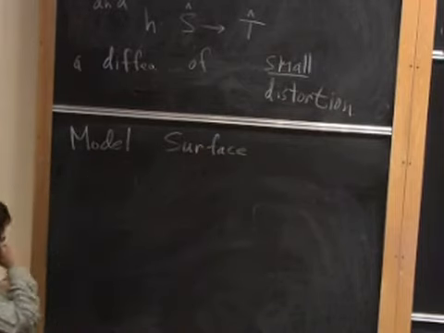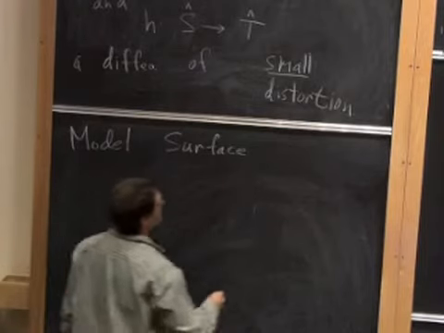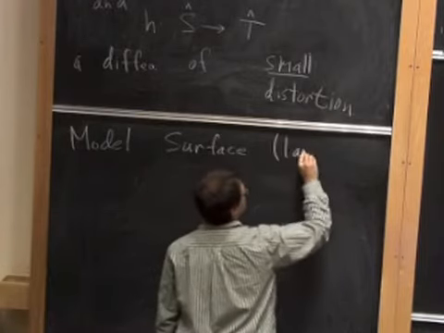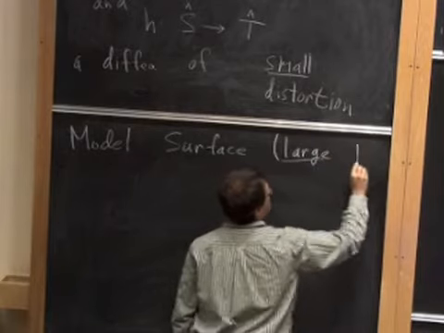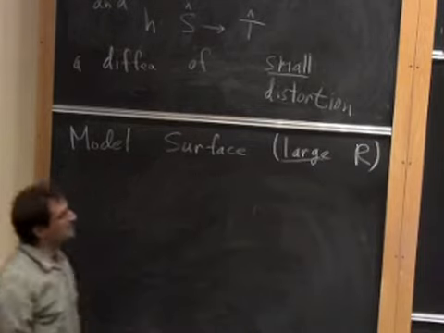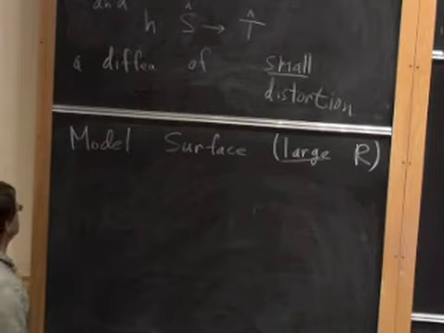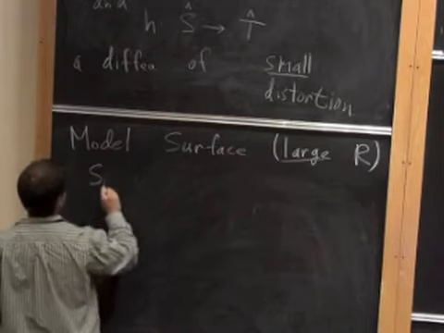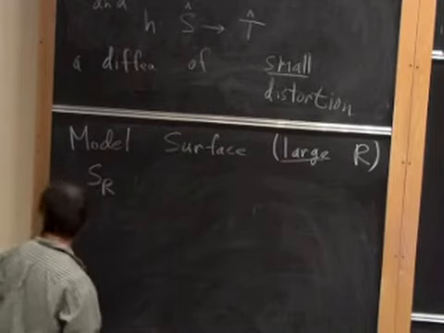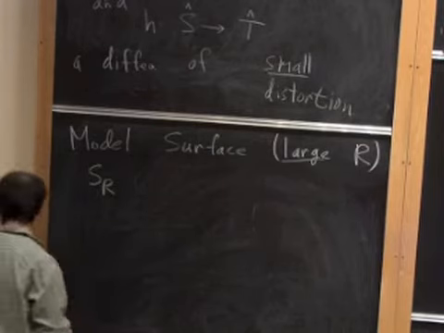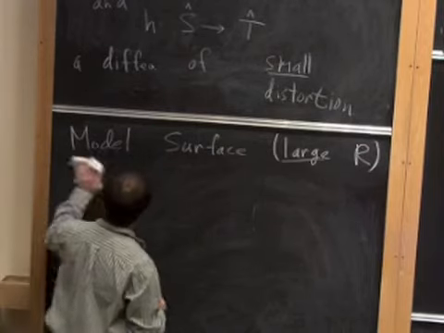It's going to depend on some parameter, some large R. It's basically the same as the R that Vlad was talking about. And there's going to be a model surface, S_R.